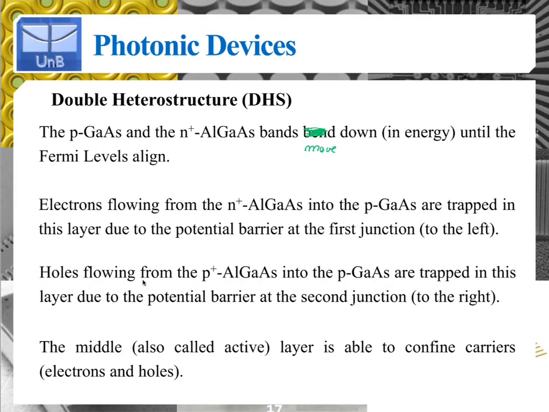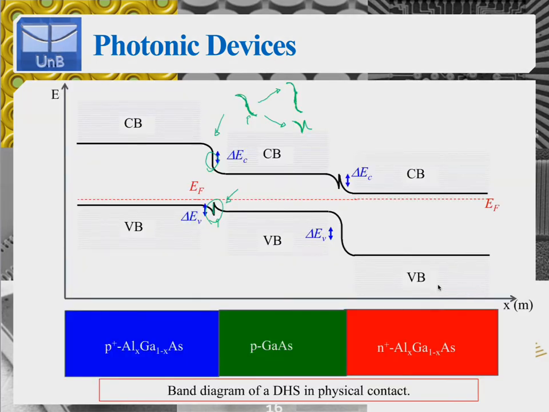Also, holes flowing from the heavily doped P-type material to the left into the center material are trapped in this center material as well, due to the potential barrier for holes at the second junction. So, which potential barrier I'm talking about here? This one, right?